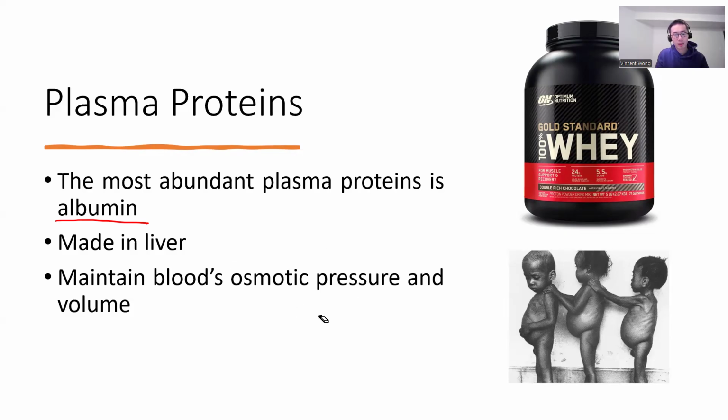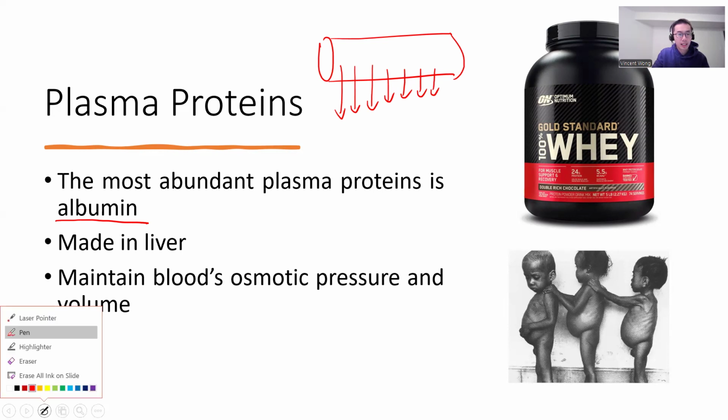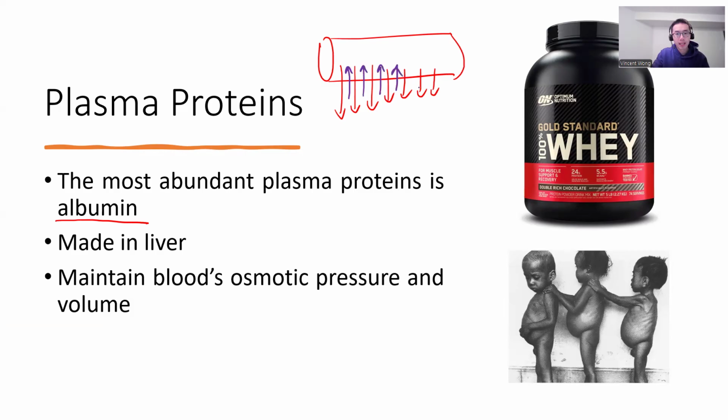Now, you might remember from last class, I hope you remember, blood pressure is always pushing fluid out, right? So that's blood pressure. And to counter that effect, you need to have the osmotic pressure to bring fluid back in.